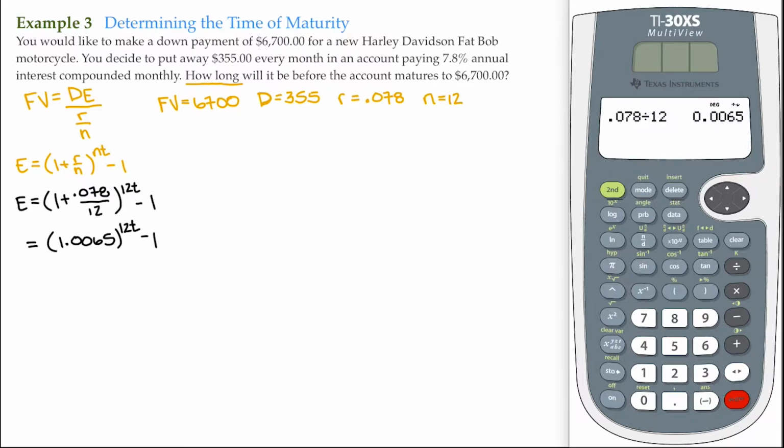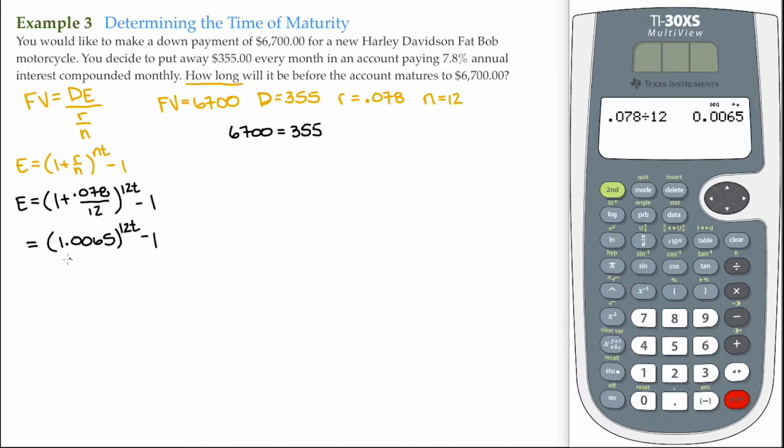So now over to our future value. Our future value, that's $6,700. That's equal to D. That's our deposit that we're going to be putting away every month. That's $355.